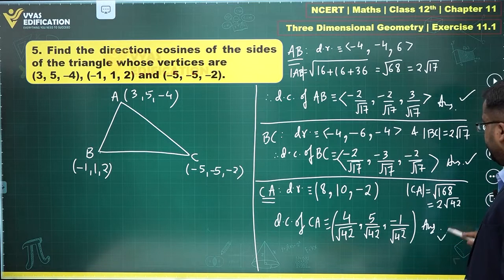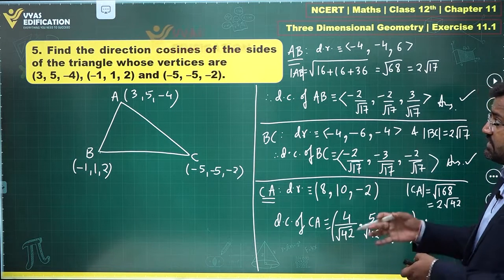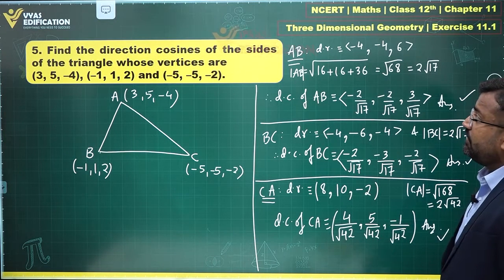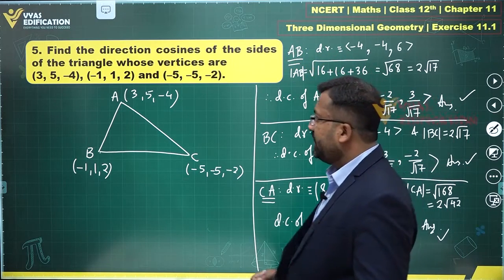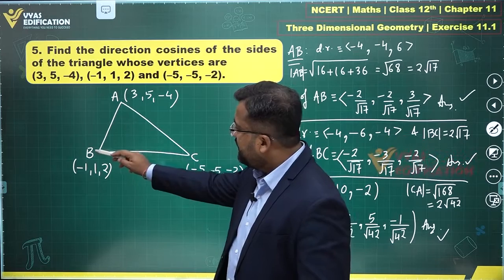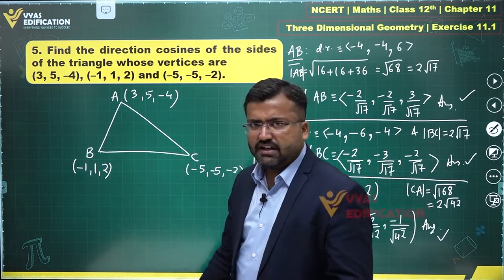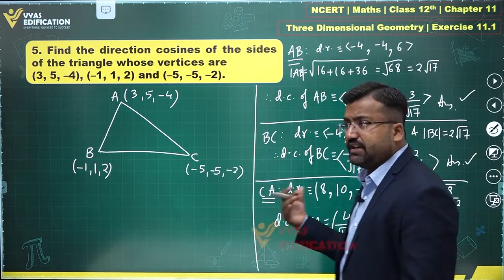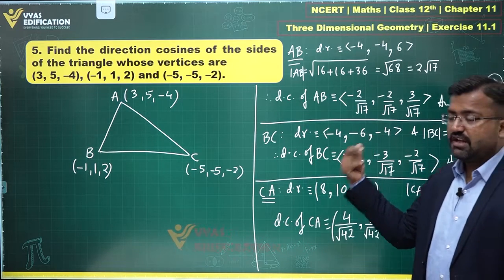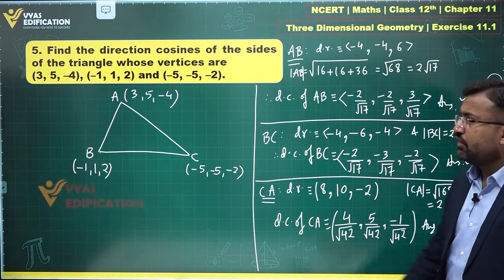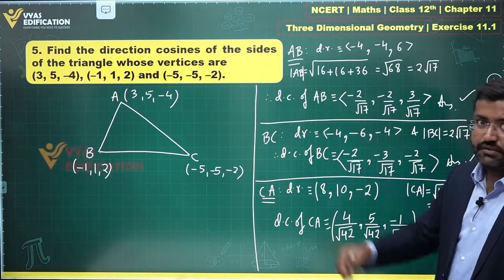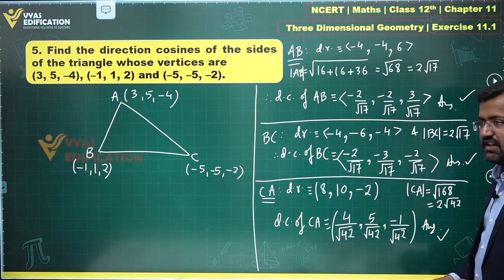This and this form the complete answer for the direction cosines of the sides of the triangle whose vertices are this and this. And one important thing over here is, if you've taken AB, BC and CA, you could have taken another direction as well. In case direction changes, the answer will correspondingly change. But this is the general form that you follow, that first, second, second, third and third, first. That's the notation generally that we follow.